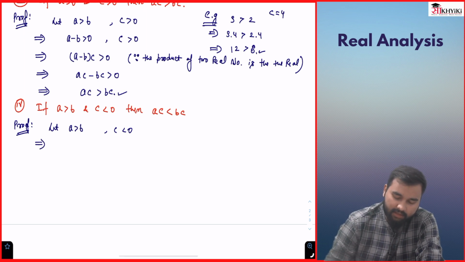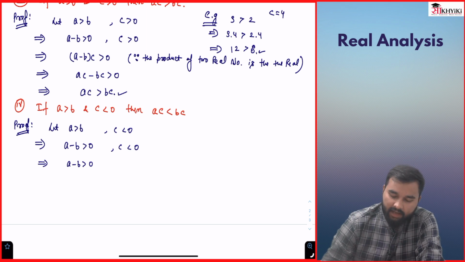Now as A is greater than B, again A minus B is a positive real number, and we have C less than 0. If a real number is negative, then the negative of that real number must be positive. So negative of C must be greater than 0.